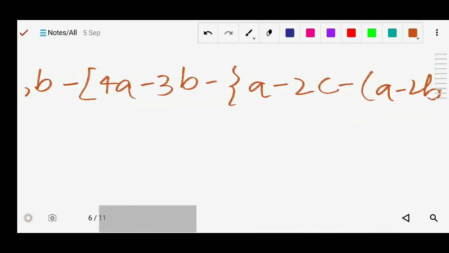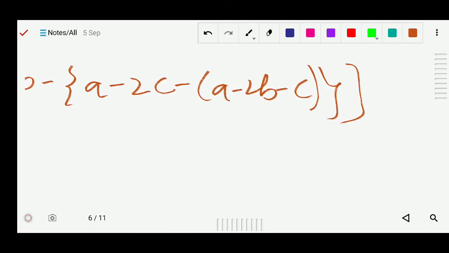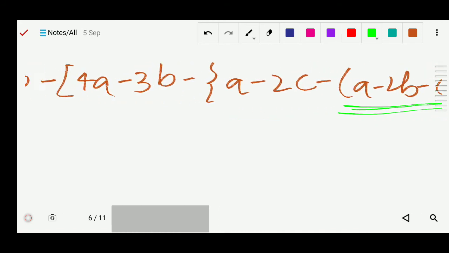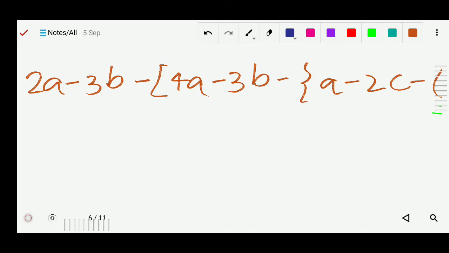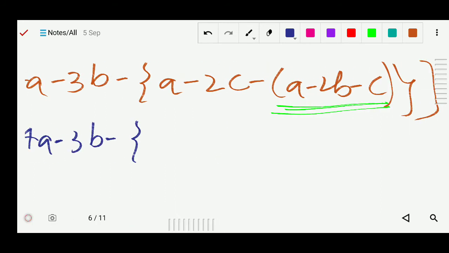Now first of all we will solve the innermost. In the innermost you can see this one, the small bracket, so we will do it first. So first you write all these values, 2a minus 3b, minus 4a minus 3b minus, inside this bracket, a minus 2c.